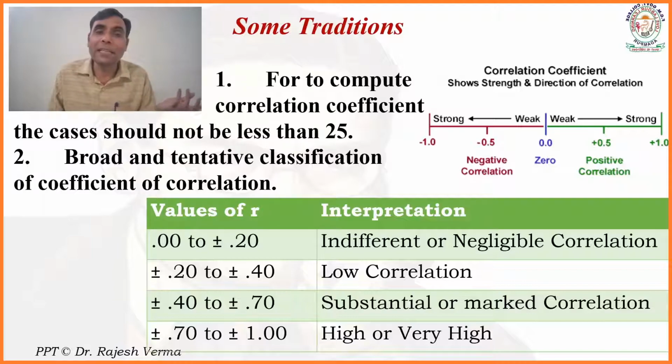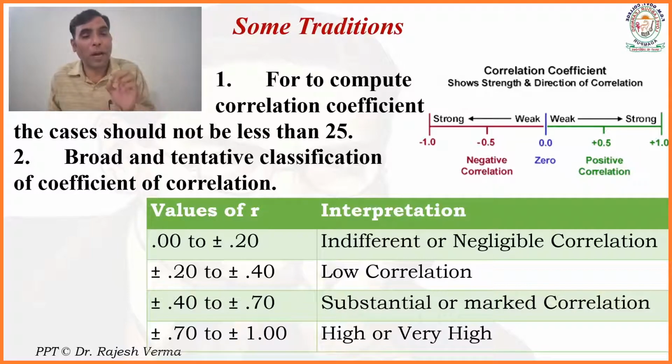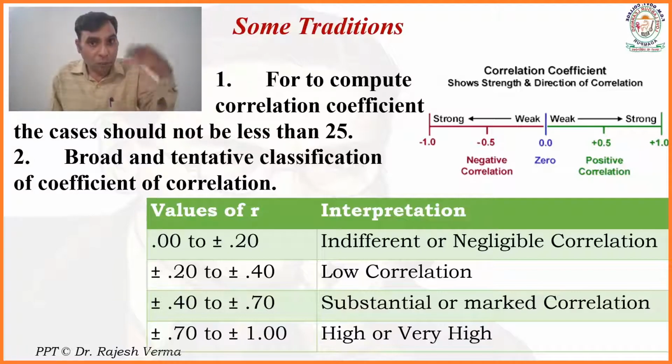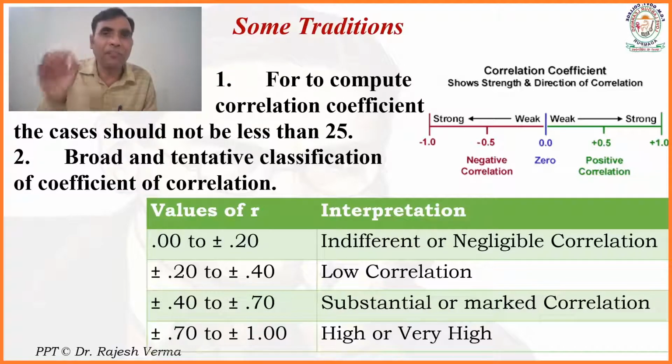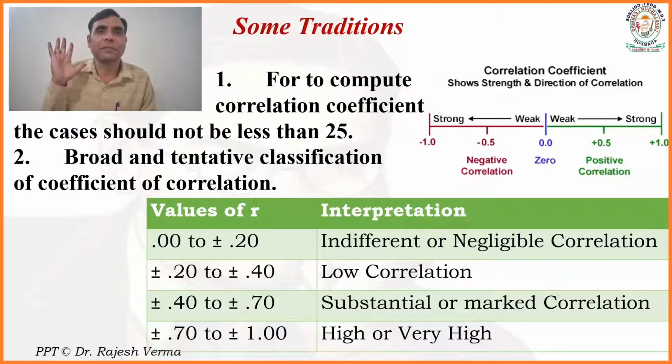From plus minus 0.4 to plus minus 0.7, it is a substantial, marked or moderate correlation. And if your value is plus minus 0.7 to plus minus 1, it is considered a high or very high correlation. But if it reaches plus minus 1, that is known as the perfect correlation.